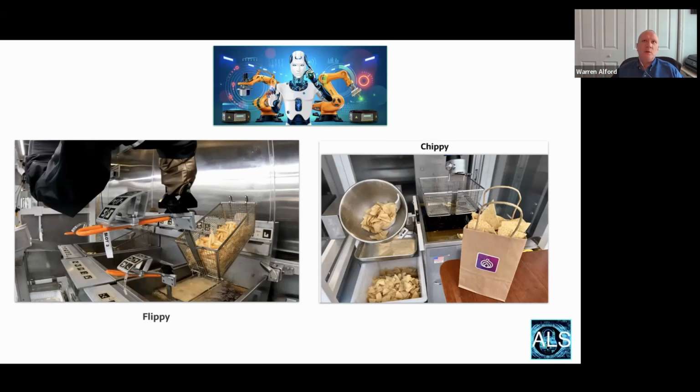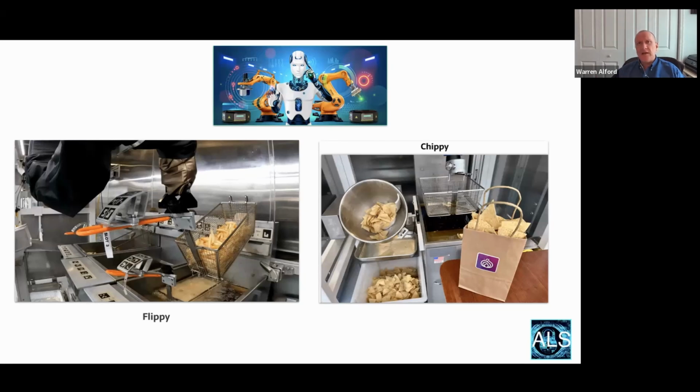And then on the right we have Chippy, and it's the same type of machine. This one makes and fries chips and delivers those as well. So there are a lot of different things out there right now that are developing even more.